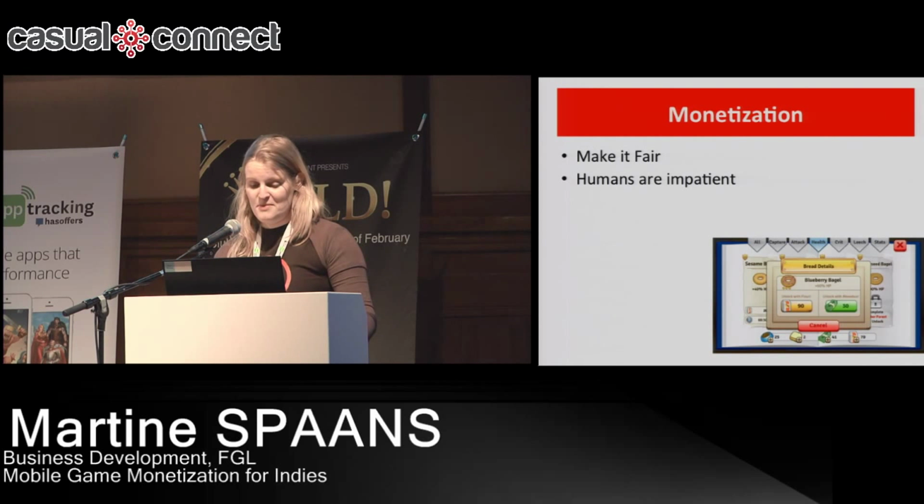Another example from Bread Kittens is that you can unlock the speeding up of things by purchasing with in-game money or real money. Again, linking back to making it fair, not forcing the user to spend money, give them a choice. Give the user the feeling that they're in control.